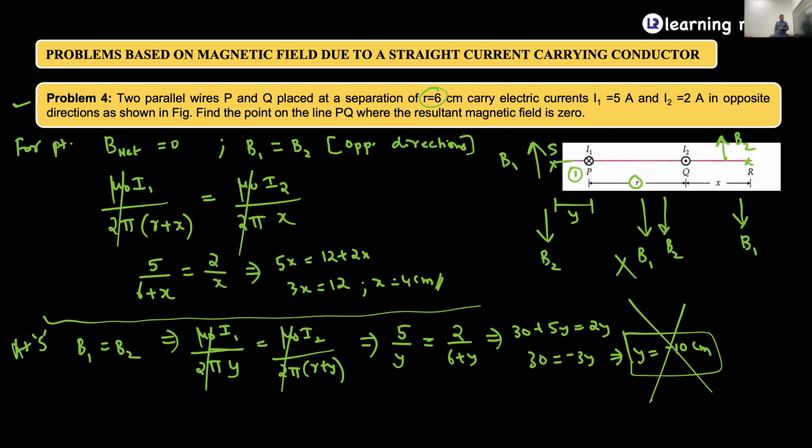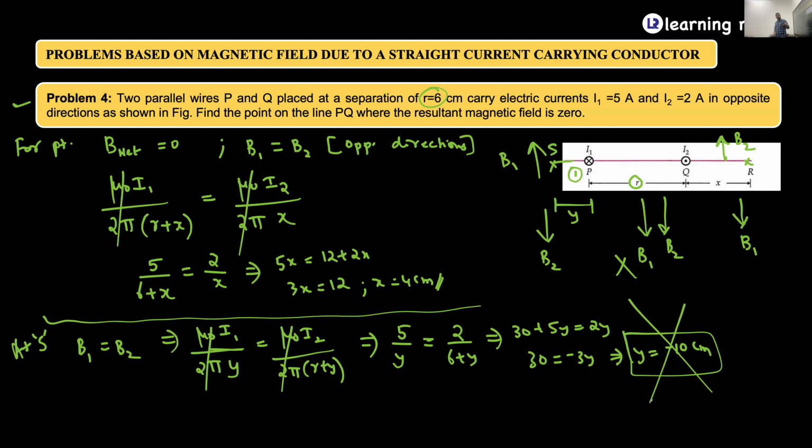The reason being, magnetic field is inversely proportional to distance. Meaning if it is closer to the one with greater magnitude, current is also high, numerator is high, and the denominator is less. So the value will become even more high.